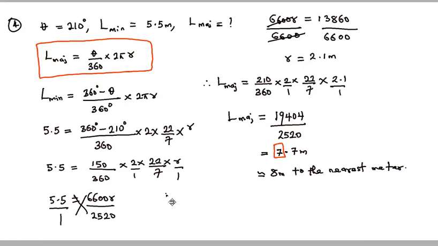For number 5, the angle we have here is 285, and we are given a diameter of 7 centimeters, and we are asked to calculate the length of the minor arc.